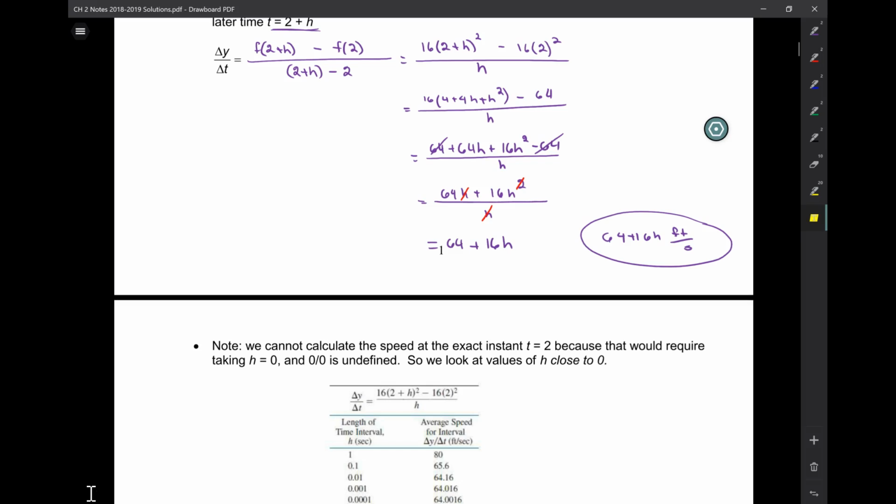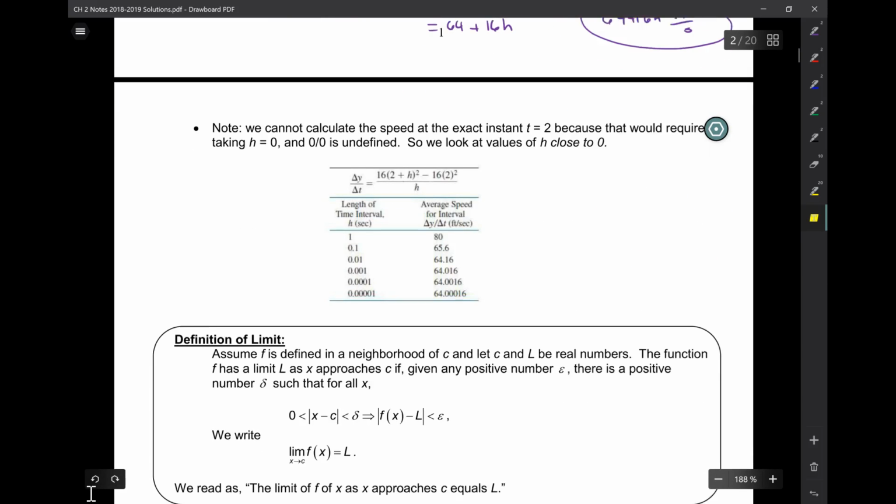So we can't say h is 0, but what we could say is, what would happen as h got smaller and smaller so that eventually it got close to 0?